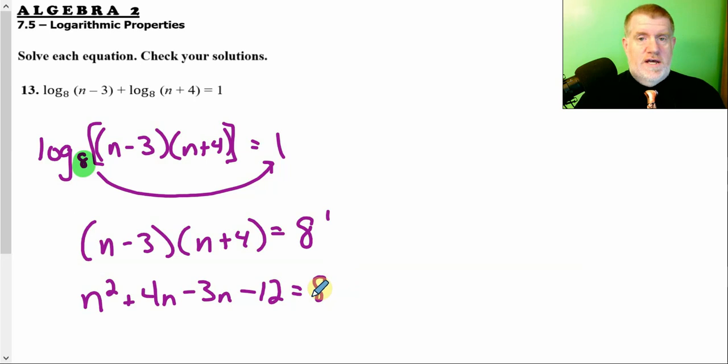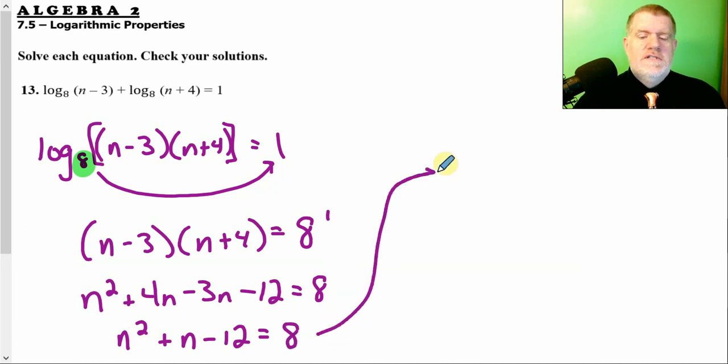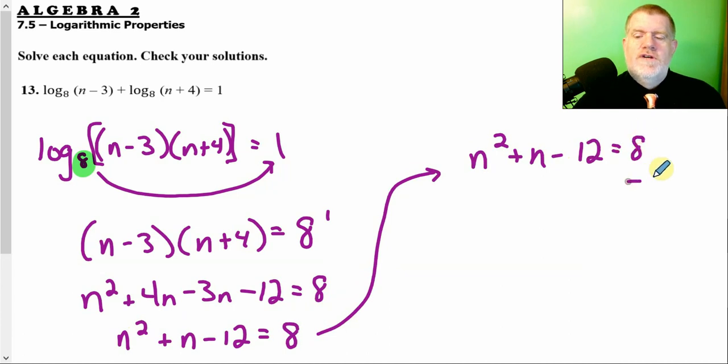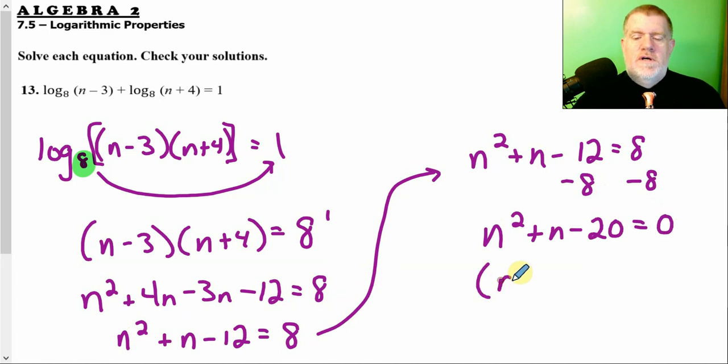Now because it's a quadratic, I'll combine like terms first. So I've got to set this equal to 0. So I'll subtract 8 from both sides. I'm going to get n squared plus n minus 20 equals 0. Well, what two numbers will multiply to be negative 20 and add to be 1?